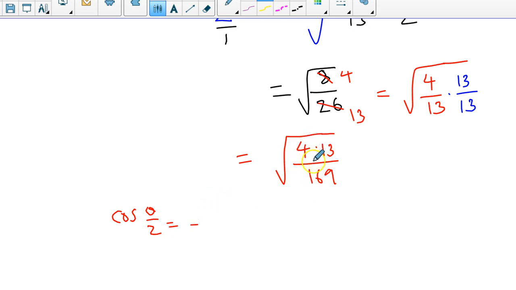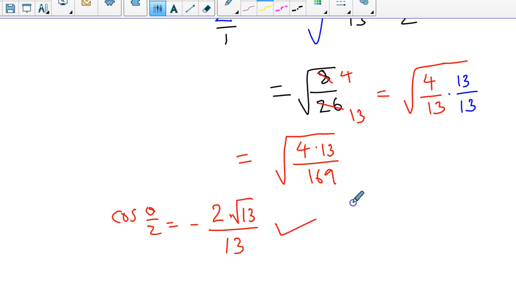Now the square root of 4 is 2, times the square root of 13. I don't know it, so I'll just leave it as square root of 13. And in the denominator, the square root of 169 is 13. 13 square is 169, so you leave it like this. Hence, my answer is cosine theta over 2 is equal to negative 2 times the square root of 13, divided by 13.